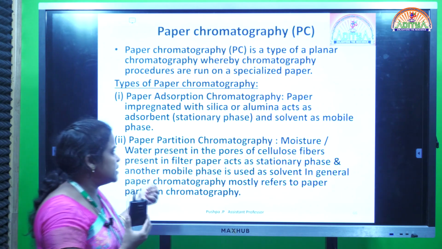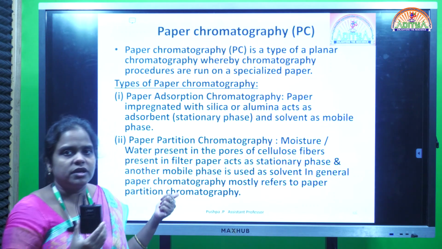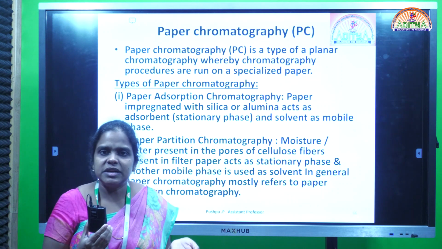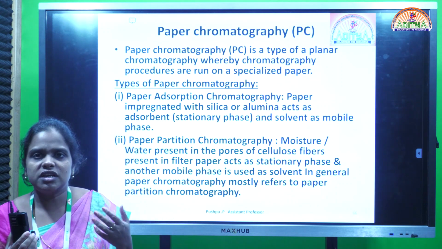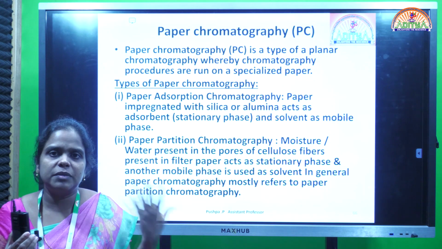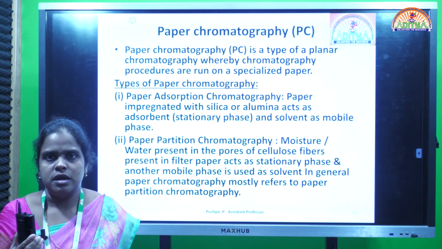And the next type is paper partition chromatography. Partitioning I already told you about. Usually the partition coefficient means, as you know from the normal definition, how much partitioning of the solute is happening between two immiscible solvents.